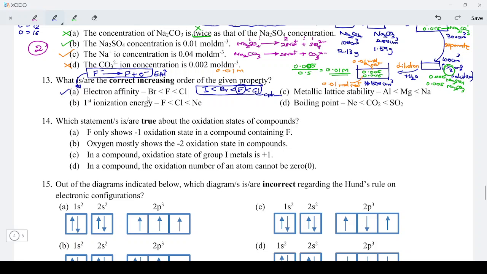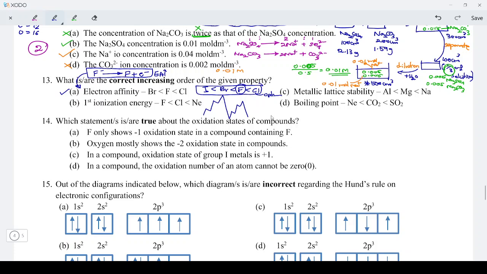And then if you go to the first ionization energy of these elements, fluorine, chlorine and neon, these are second period and third period elements as well. We can explain that one using our graph. Okay, so neon is a second period element and it's a noble gas.